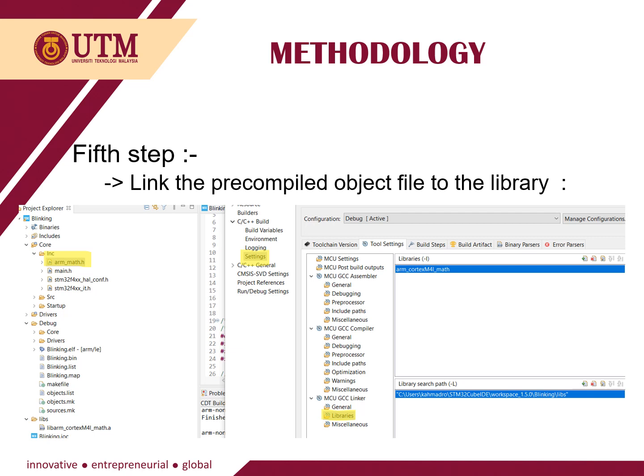From there, press Libraries, and then in the library search path create another folder named libs inside the workspace of the project folder, and then include the file from the precompiled object file in this path.